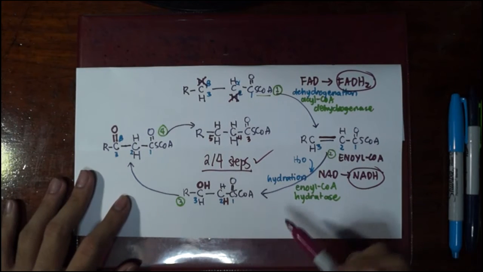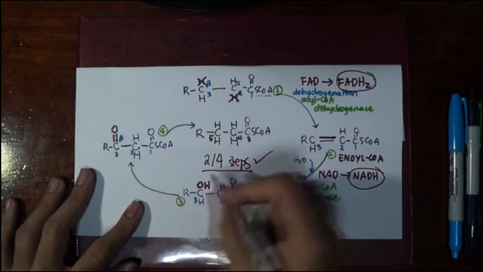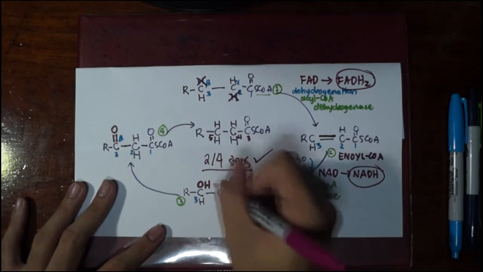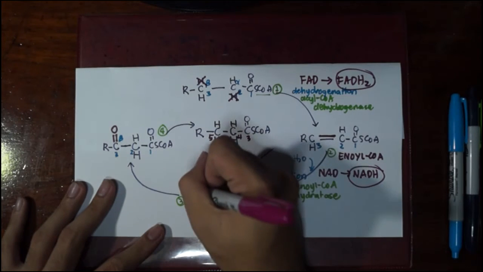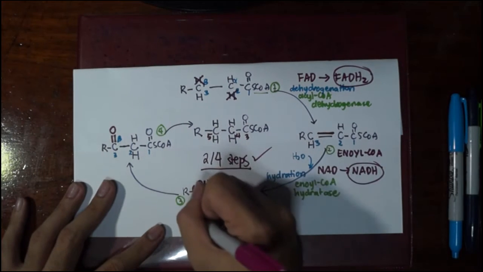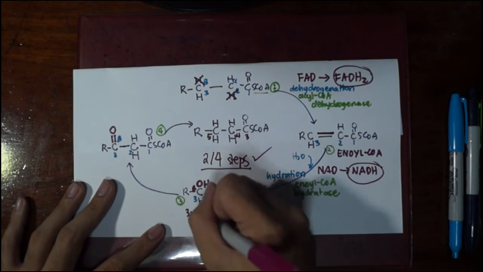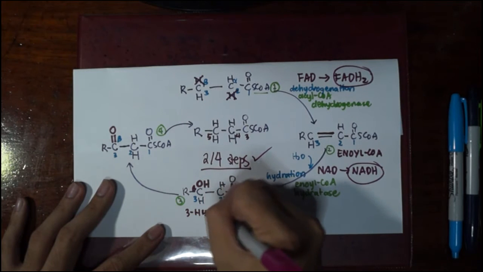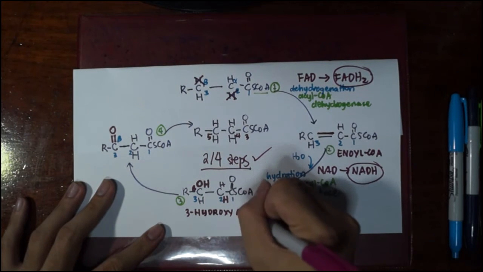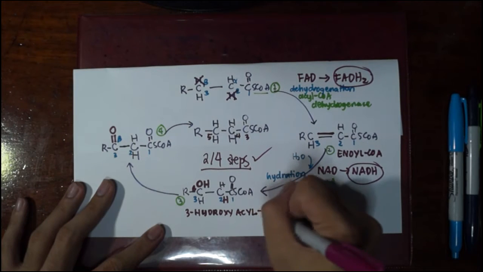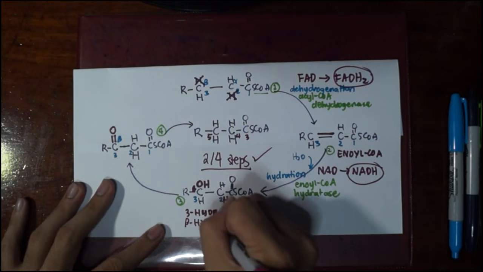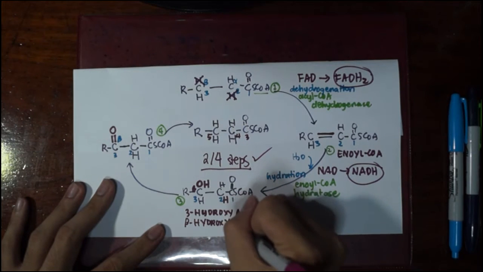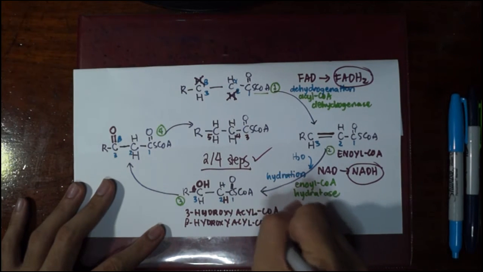In step number 3, we have this substrate. This is carbon number 1, carbon number 2, carbon number 3. The 3 here is also beta, so this could be called a 3-hydroxyacyl CoA, or you could also name this a beta hydroxyacyl CoA.